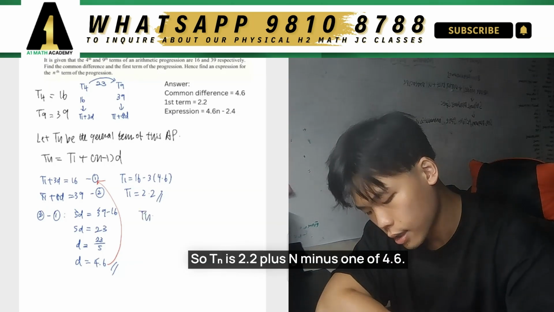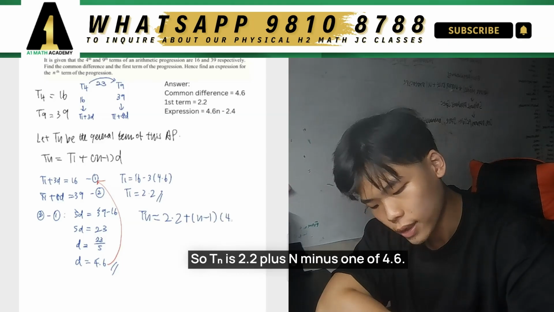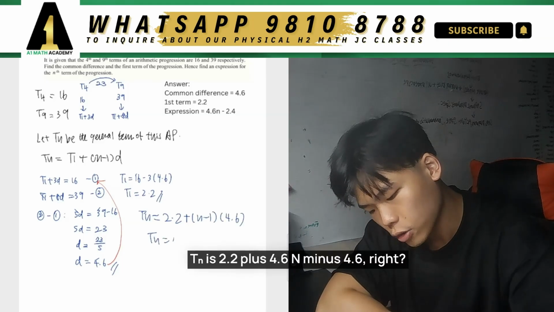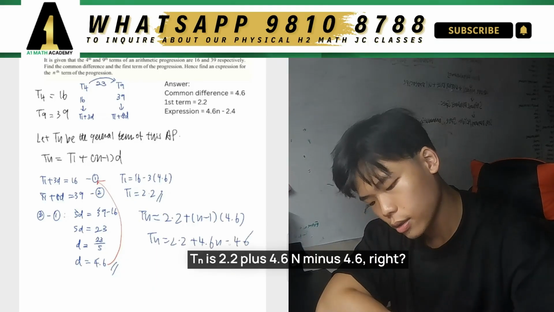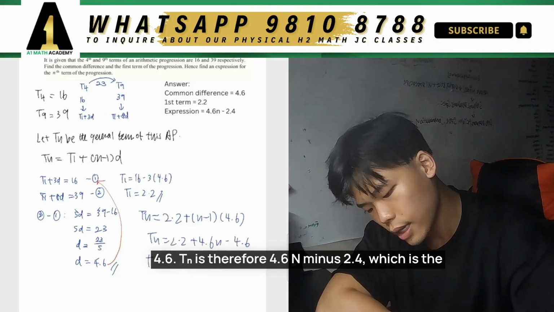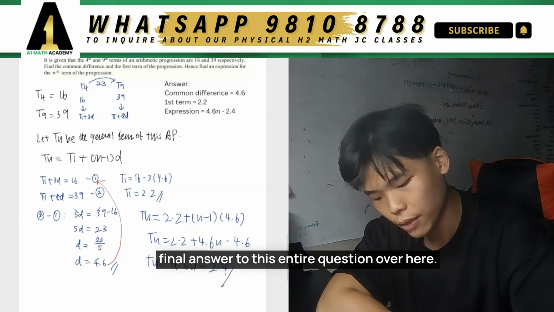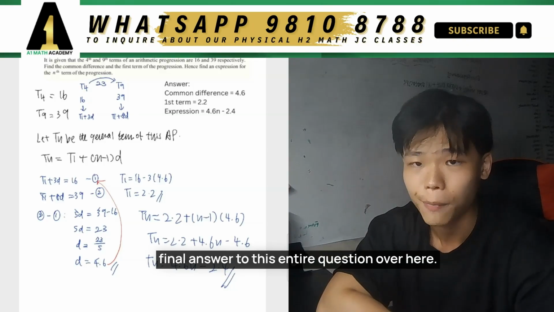So Tn is 2.2 plus n minus 1 of 4.6. Tn is 2.2 plus 4.6n minus 4.6, right? Tn is therefore 4.6n minus 2.4, which is the final answer to this entire question over here.